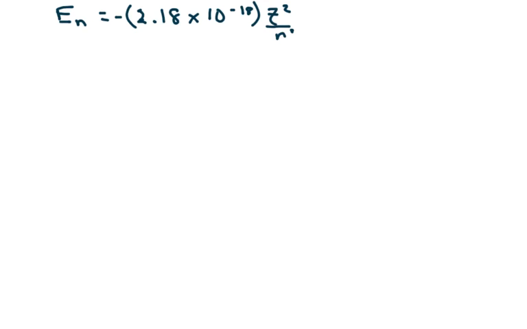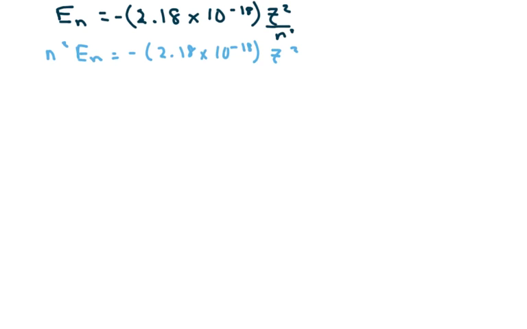When you multiply both sides of the equation by n squared, that's going to eliminate the denominator on the right side. So you're going to get n squared e sub n equals negative 2.18 times 10 to the negative 18th z squared.